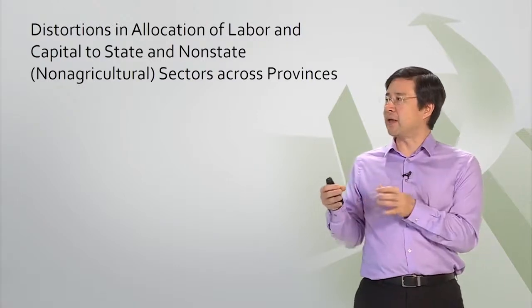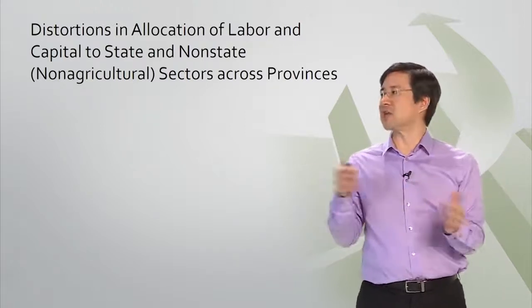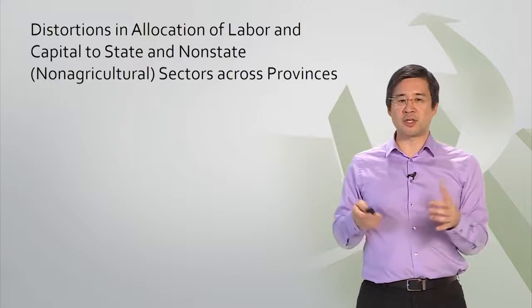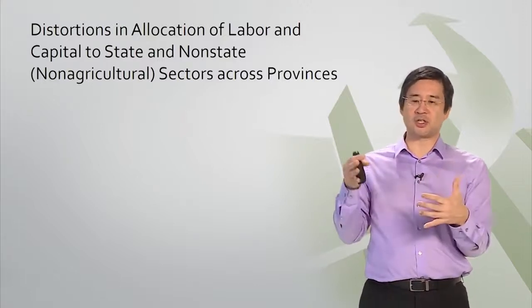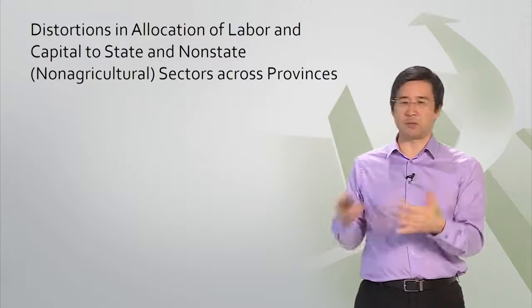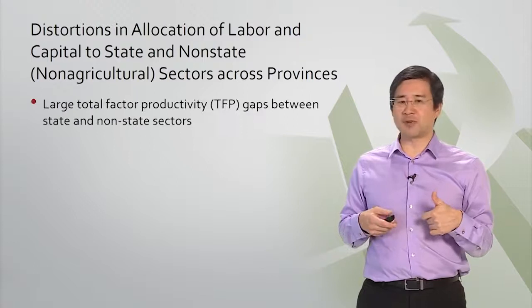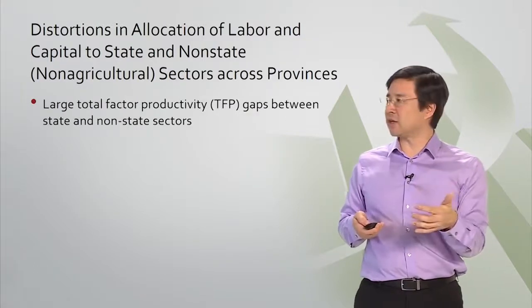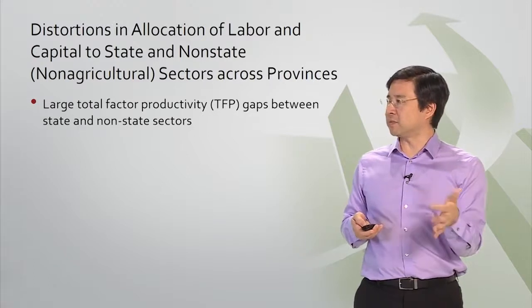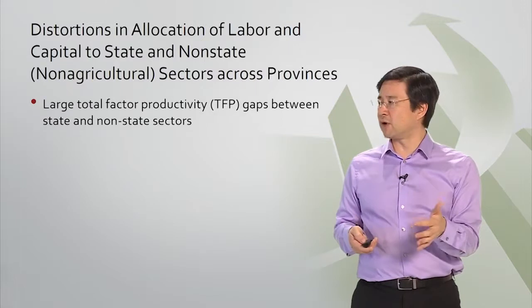Now, there's another interesting empirical analysis which has studied the distortions in the allocation of labor and capital in the non-state and state sectors in different provinces in China. And this helps us try to understand the extent of misallocation across broad sectors of the economy and broad regions of the economy. What we can learn from this type of analysis is we can see clearly the large gaps between the state and non-state sectors, and what it means for growth.